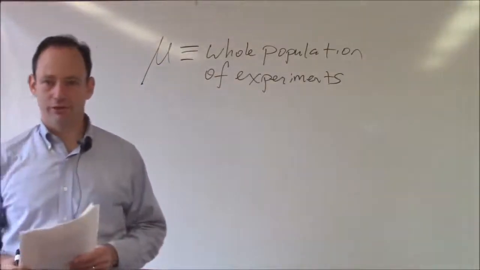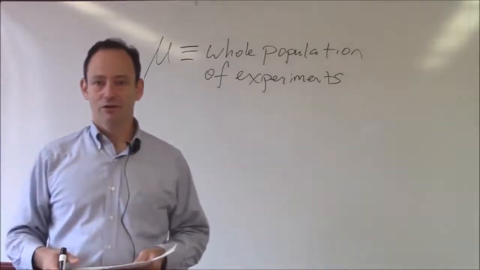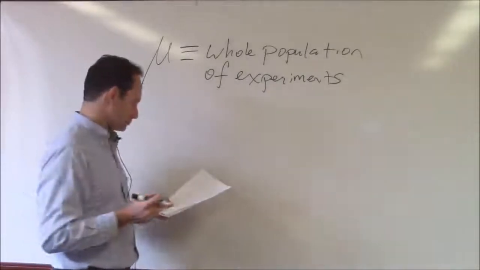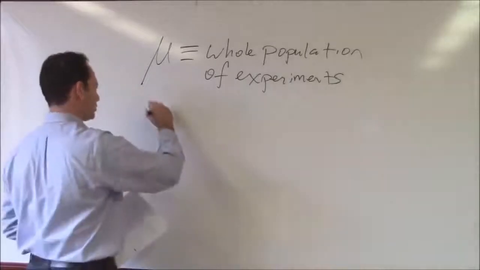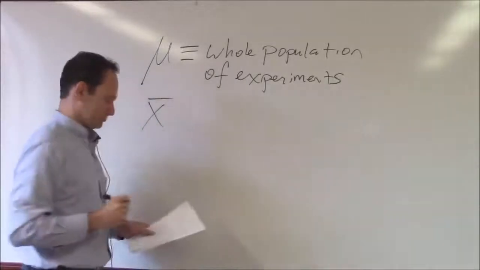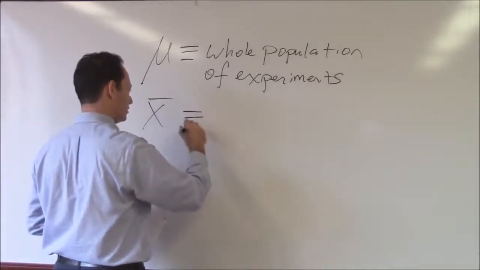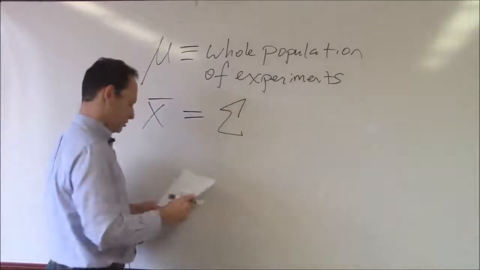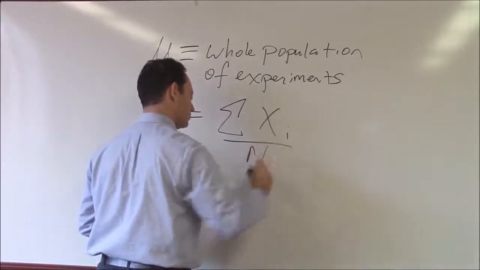Now, being that you have limited resources, limited time, limited patience, you're only going to do, let's say, n experiments. And then you'll come up with some average that we'll call x bar. So that's just defined or equal to the sum over each measurement, xi, divided by n.